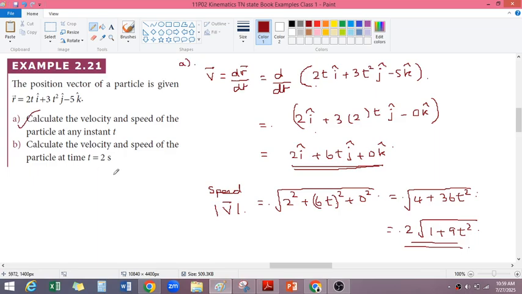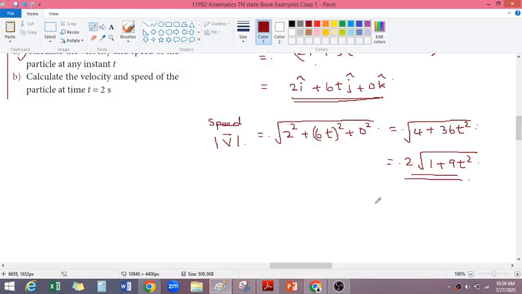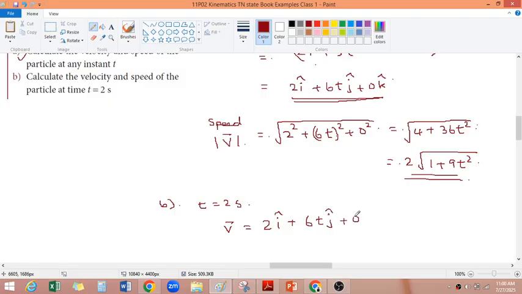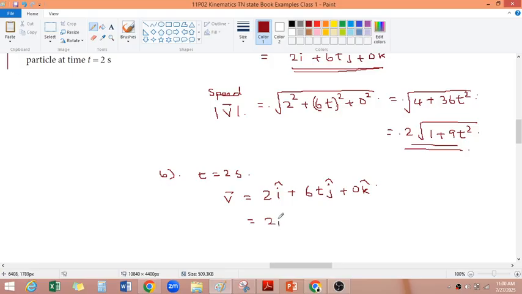Calculate the velocity and speed at the particular time t is equal to 2. So simply you have to substitute it over here. So that's your velocity vector.